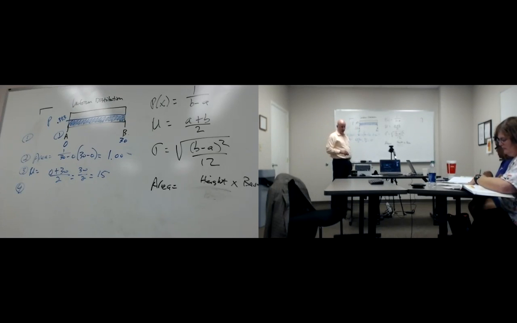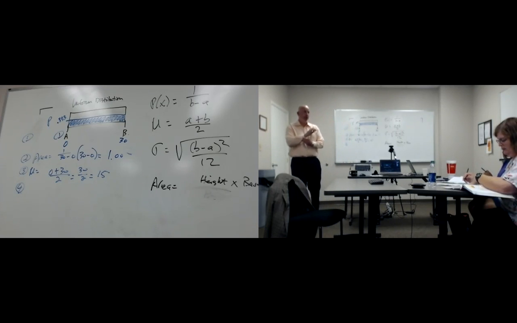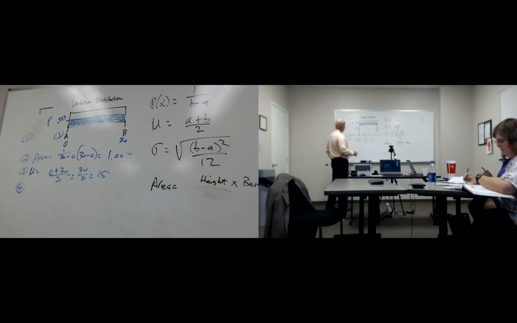So the standard deviation would equal the square root of B minus A squared divided by 12. You're wanting number 4, which is the area. Take the area within the distribution for the interval 25 to 30, which represents the particular probability.